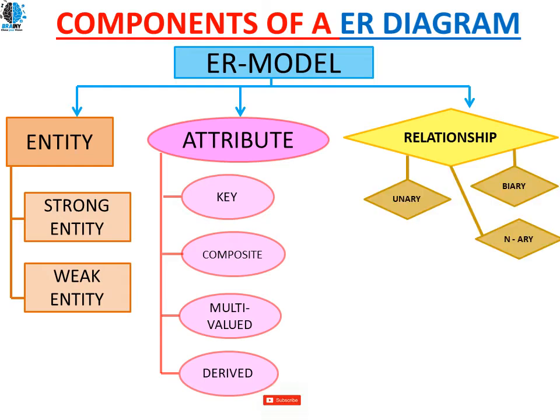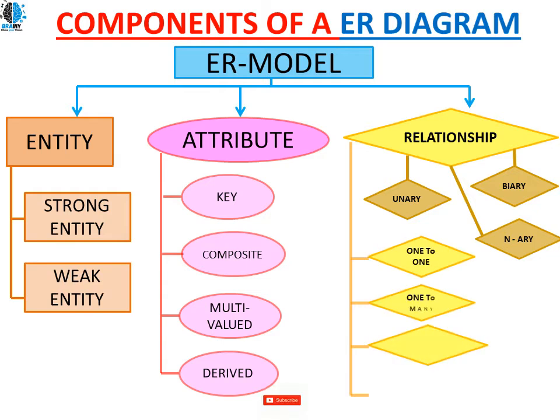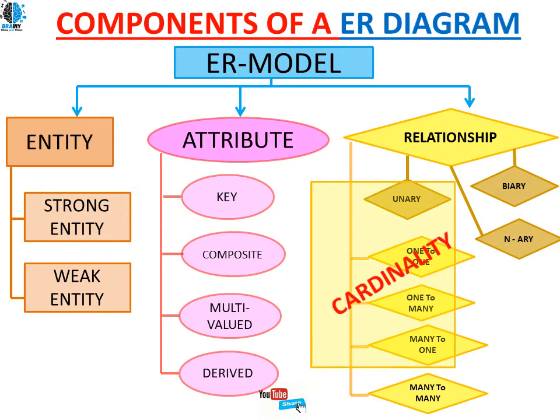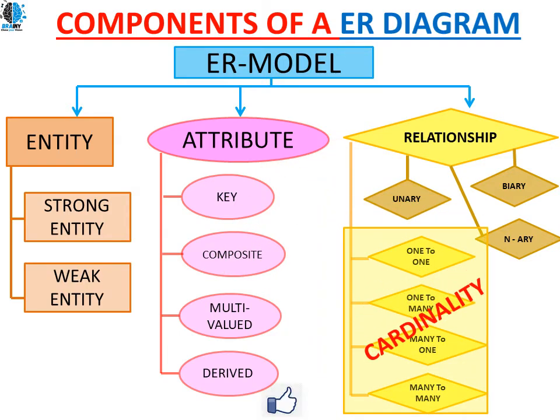Next, coming to relationships, I will have unary relationship, binary relationship, and n-ary relationship. With respect to relationships, I will have the cardinality constraints such as one to one, one to many, many to many, many to one. All these are my cardinality constraints with respect to relationships such as unary, binary, and n-ary.